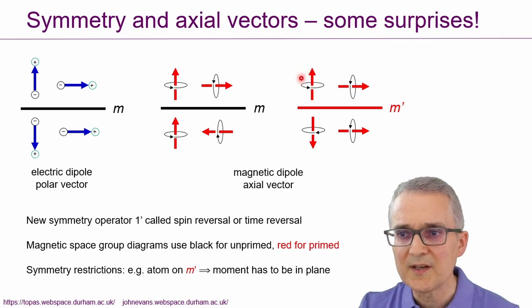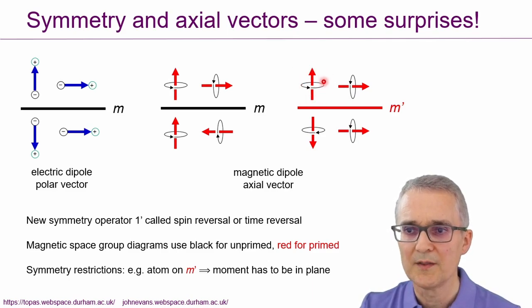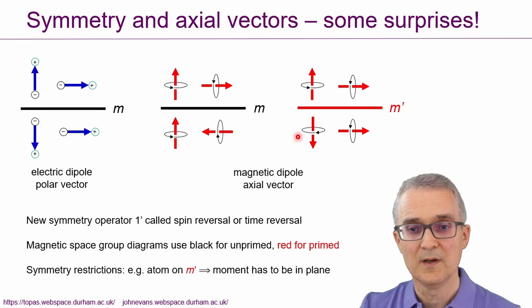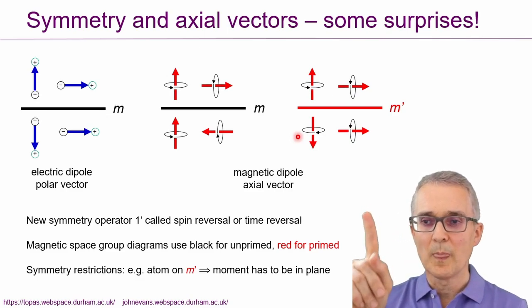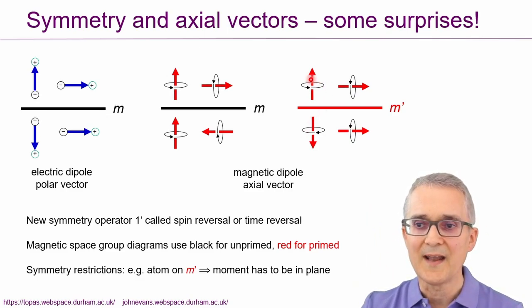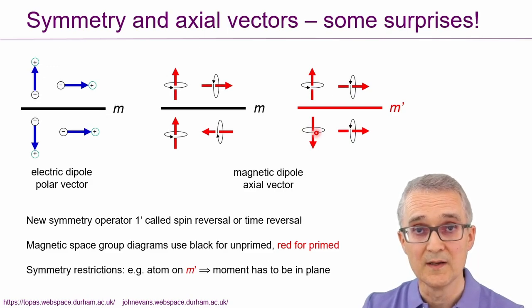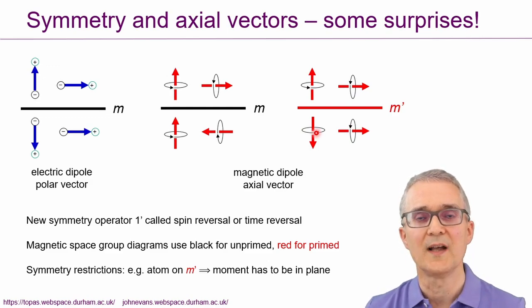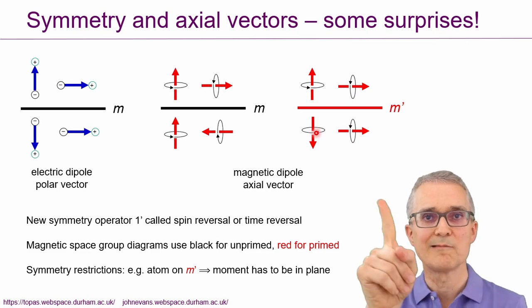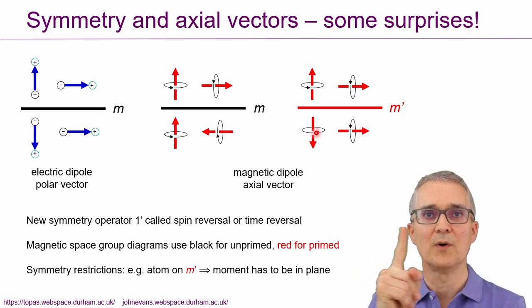If you think about taking this spin-up arrow at the top of the mirror plane here, if you were to take that arrow and just move it by a conventional mirror to the bottom of the mirror plane, the moment at the top is traveling in an anti-clockwise direction. If you just moved it by a standard mirror, it would also be moving anti-clockwise below the mirror plane. Now imagine you could take a little movie of that current, the electron moving in an anti-clockwise sense.